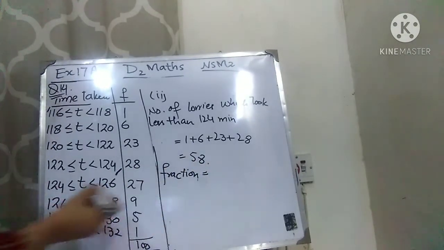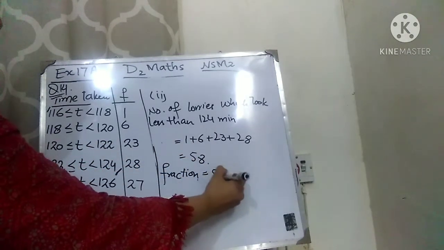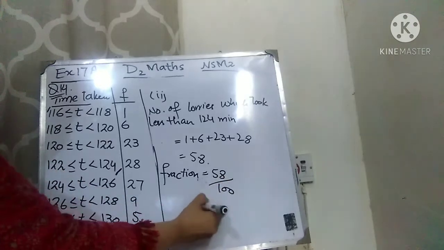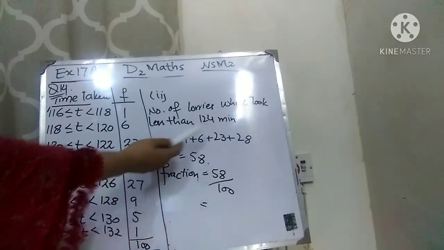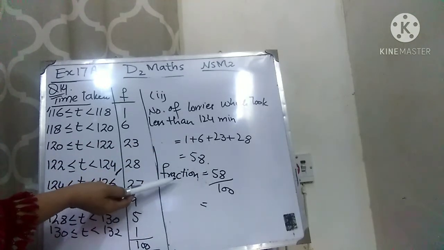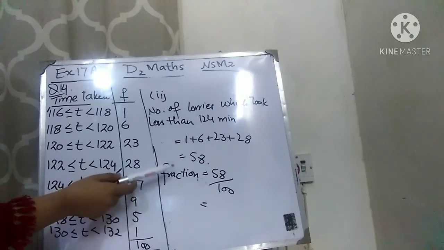So students, now you have to find the fraction. As we know, fraction is the colored part divided by the total part. Here the number of lorries is 58, so this will be the numerator, and the total lorries are 100, so this will be the denominator. So 58 are the lorries which took less than 124 minutes.